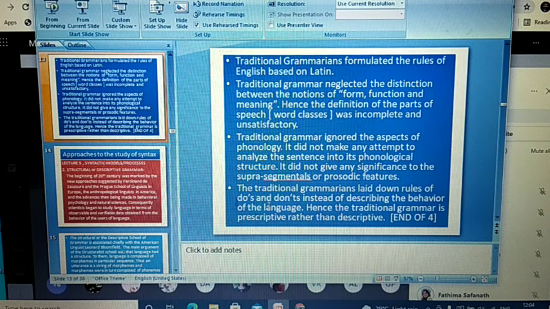The purpose of language is not to confuse or bewilder the users of language. The traditional grammarians, because they gave too much significance to rules, just confused the users of language, and so traditional grammar is known as prescriptive grammar rather than descriptive grammar.